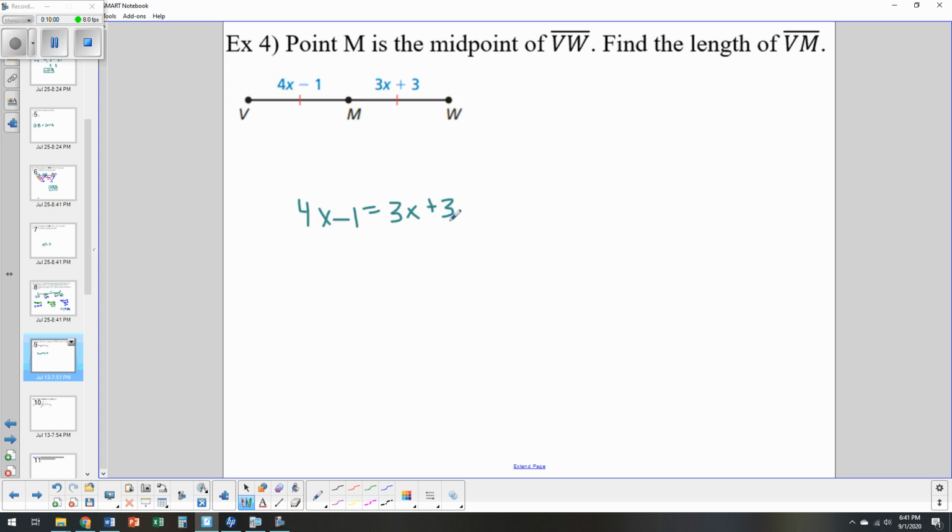So subtract and add. I'm going to do both steps at once. Minus 3x is x, plus 1 is 4. So that's the value of x, but that's not just what they asked us for. We want to find VM. So I'm going to take the value of VM, 4x minus 1, and I'm going to plug 4 in for the x. So that's 16 minus 1. VM equals 15.